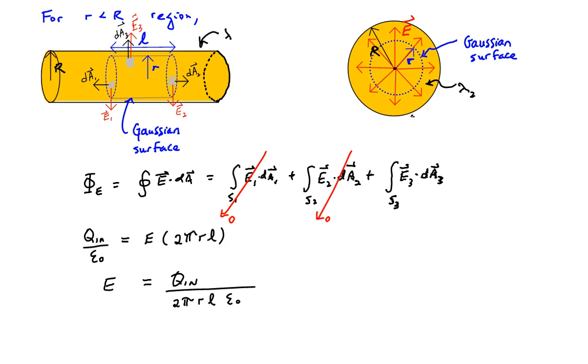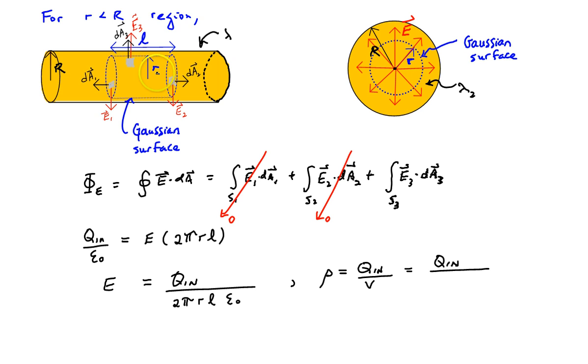And we know that the charge distribution is cylindrically symmetric for this charge density. That means the volume charge density rho is equal to the charge inside that Gaussian surface divided by the volume, which is the volume of a cylinder.